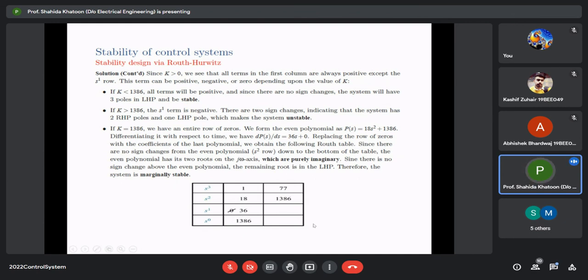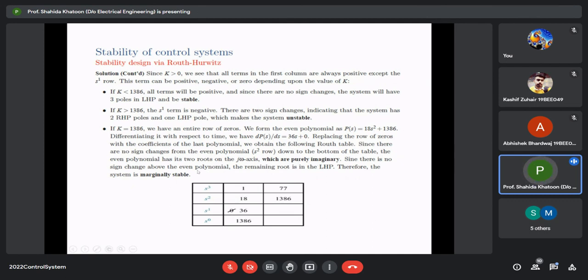Since there are no sign changes from the even polynomial down to the bottom, the system is stable there. The even polynomial has two roots on the j omega axis. If you find the roots of this equation, you can see that we have two roots on the j omega axis which are purely imaginary.